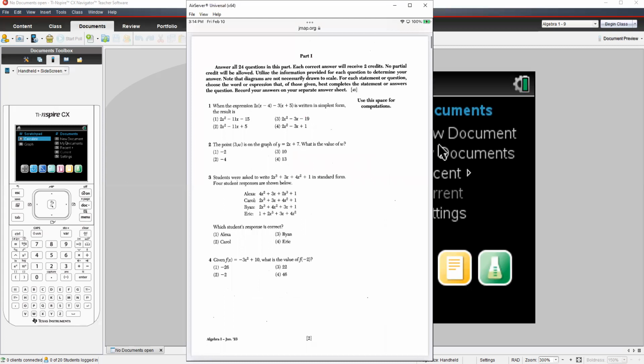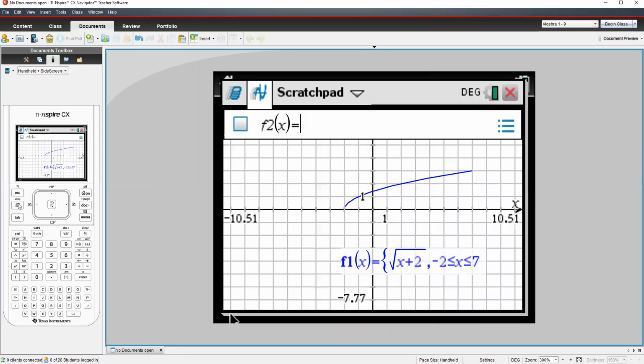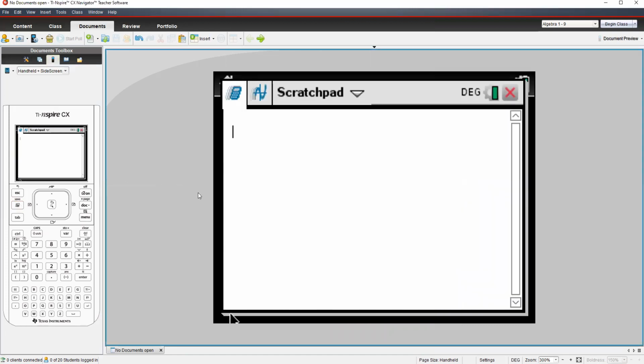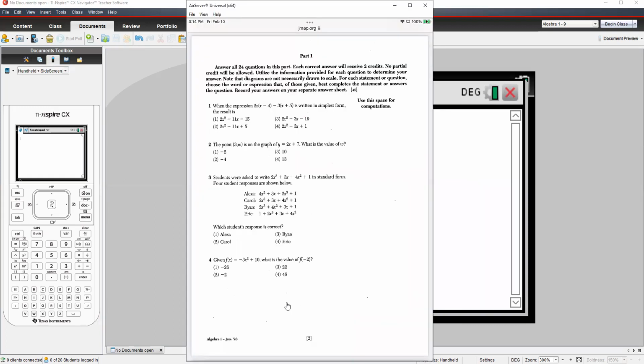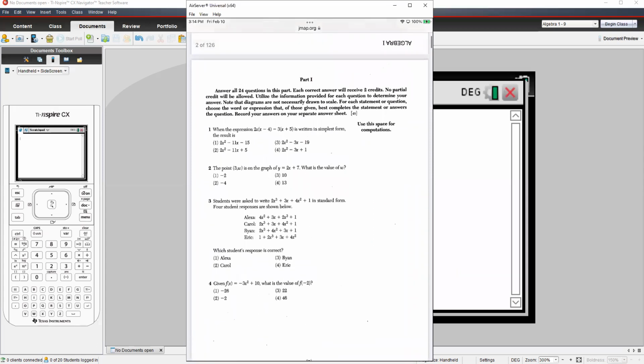So if I go to my calculator, I'm going to go to the calculate screen. Because the answer choices have a bunch of variables, you can also do this by just storing a number into X and figuring out which ones match.